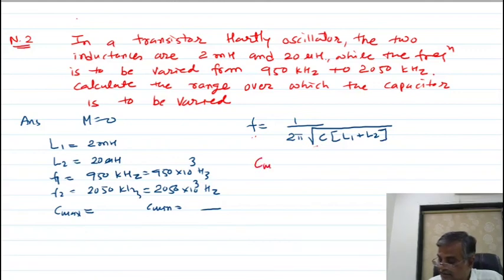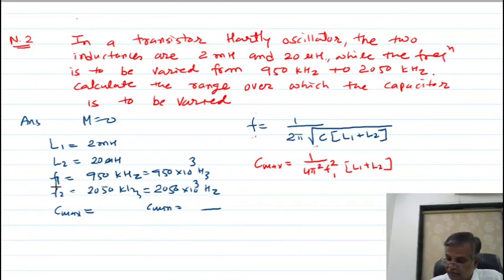So C maximum is 1 upon 4 pi square F1 square into (L1 plus L2), since F1 is minimum. If you square F, you can get this equation.